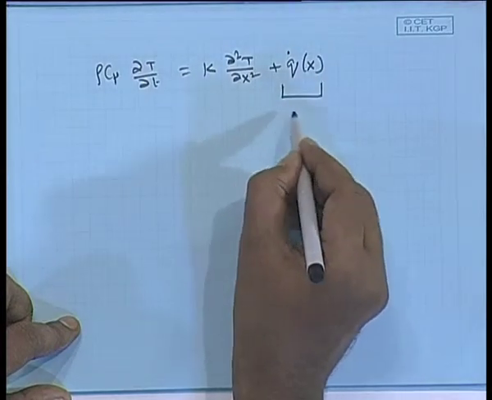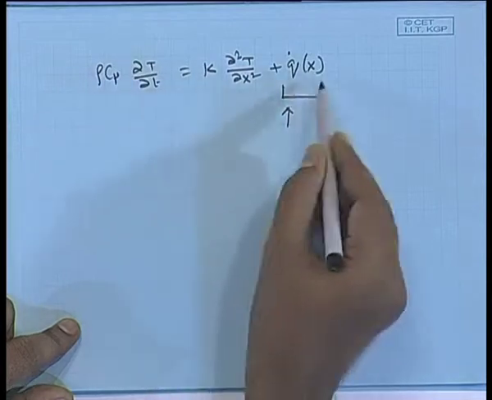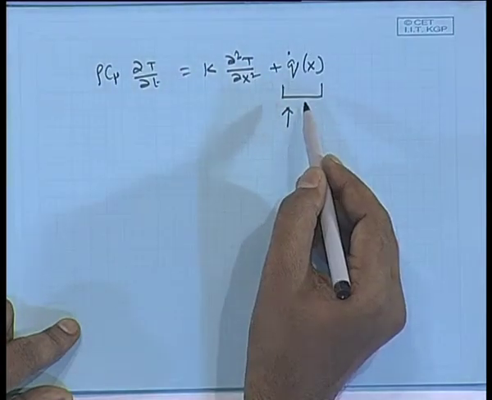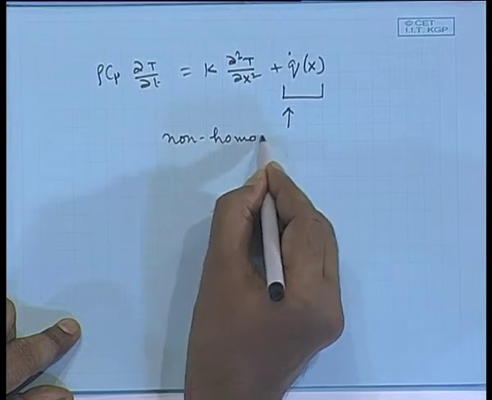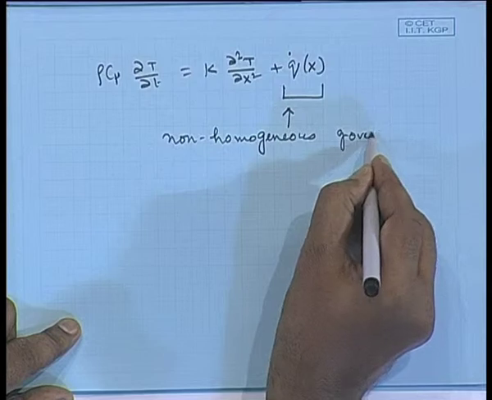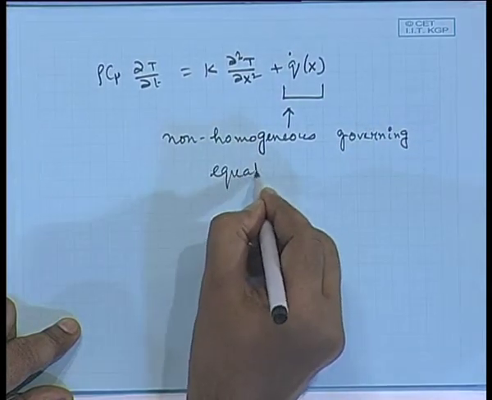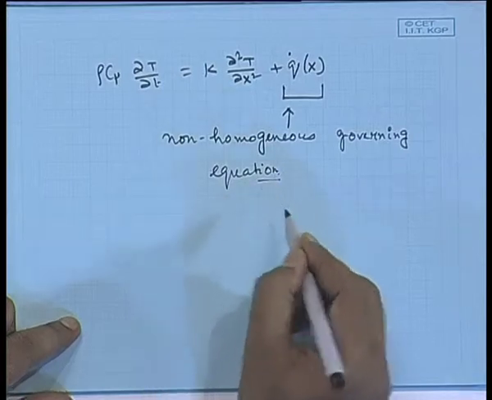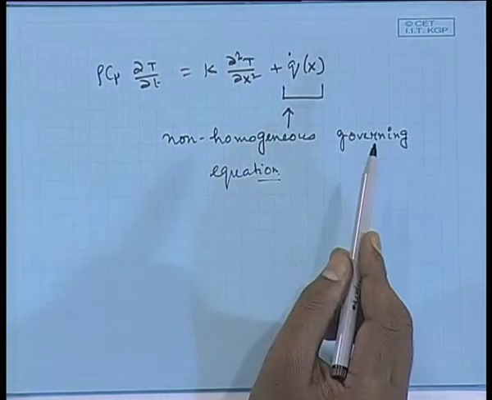This leads to non-homogeneity in your system, right. So, this governing equation is non-homogeneous.